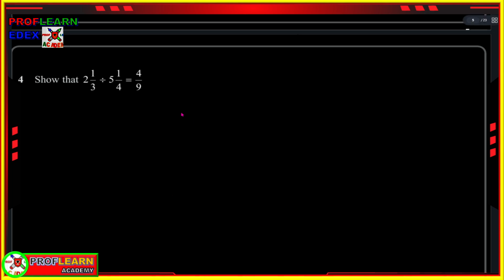So okay, now show that whatever we have here, the left hand side is equal to the right hand side. So we shall start with 2 1/3 divide by 5 1/4.